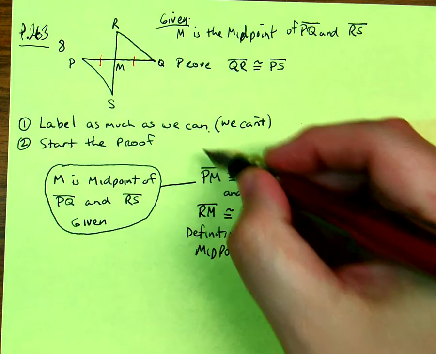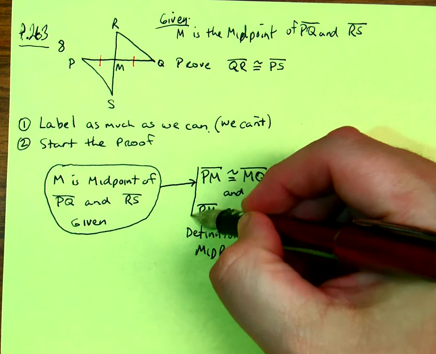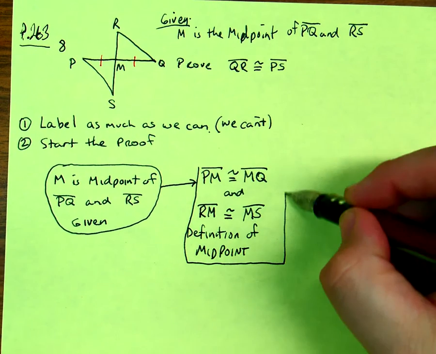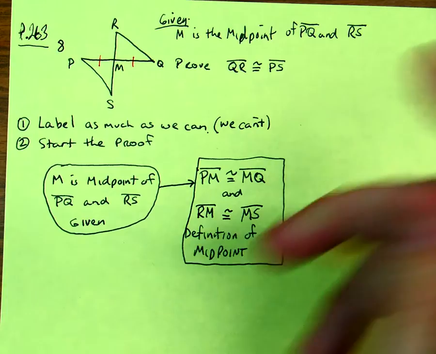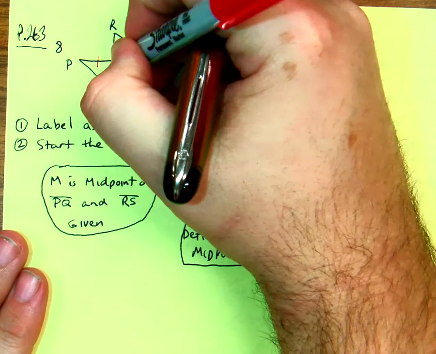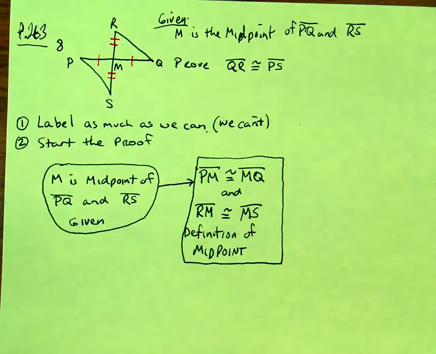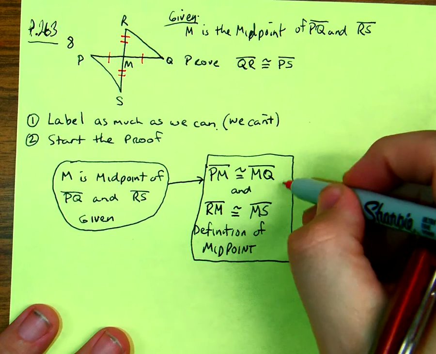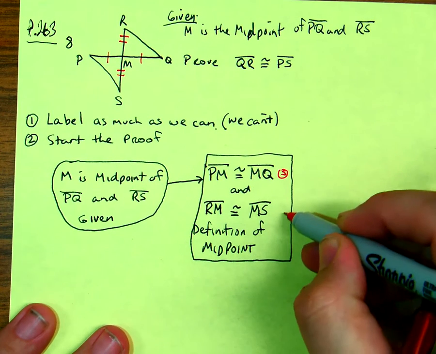The definition of the midpoint. And once we have those, we could go into the picture and label those. So this gives me a side. This gives me another side.